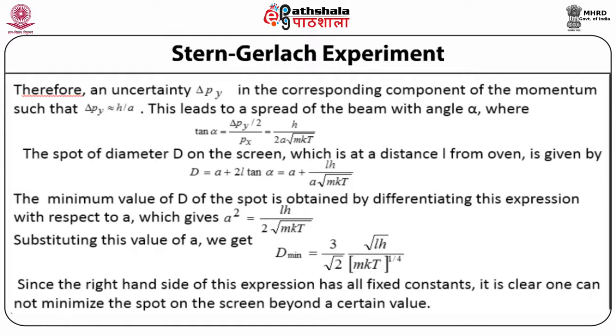Thus, the minimum value of d of the spot, that is, the diameter d of the spread of the silver vapor atoms on the screen, is obtained by differentiating this expression with respect to a.